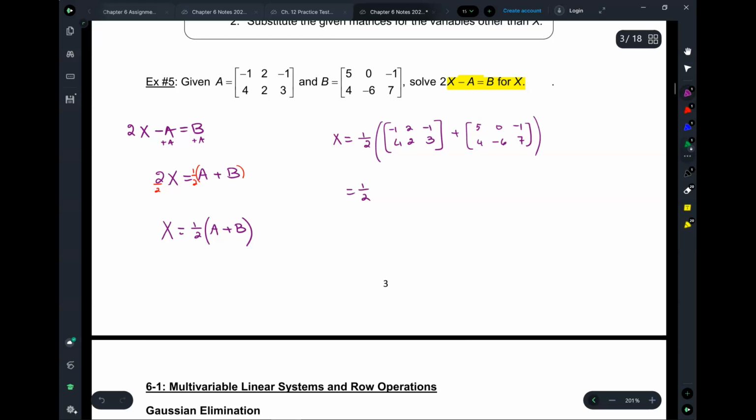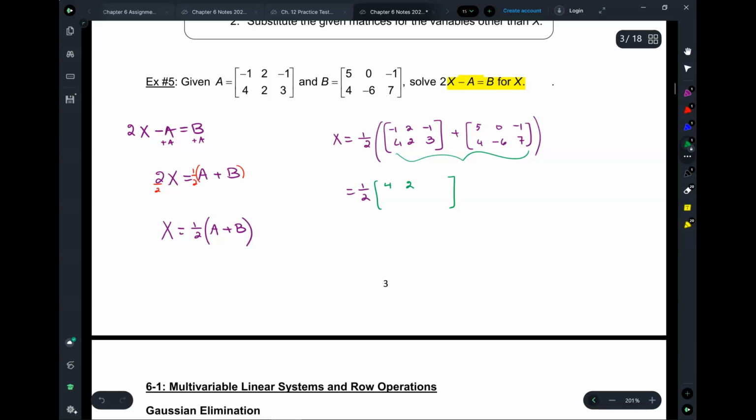You guys can figure it out. So this is 1/2. Let's add those two matrices, divided by 2, because here I divided by 2. You can do that as well. I just like this way because it's a little cleaner. I don't know, it's preference.